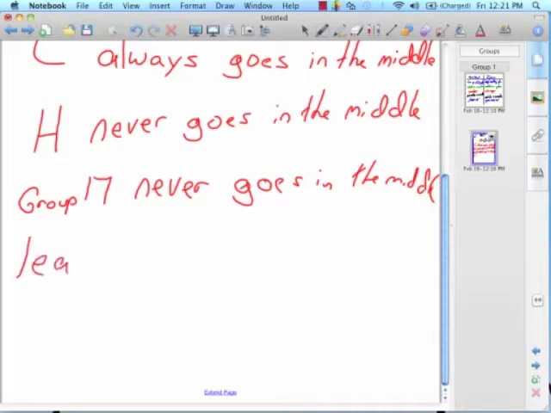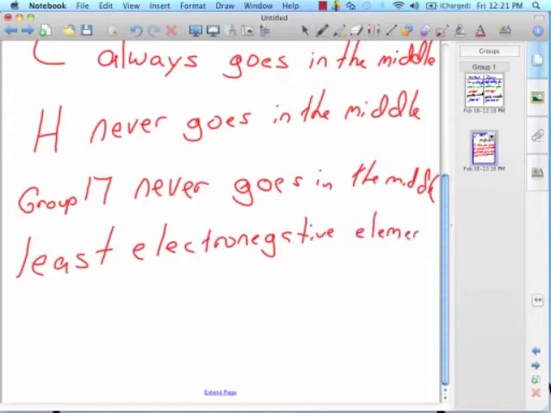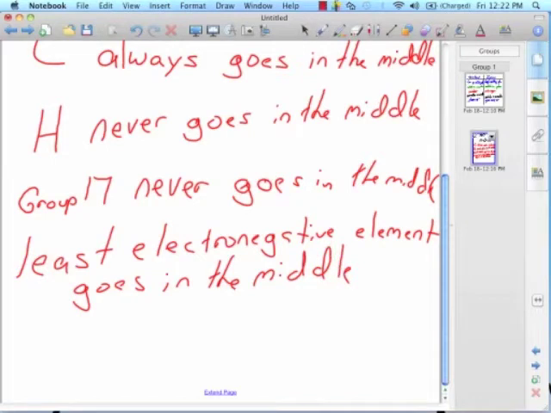The least electronegative element goes in the middle. How do I know which one's the least electronegative element?